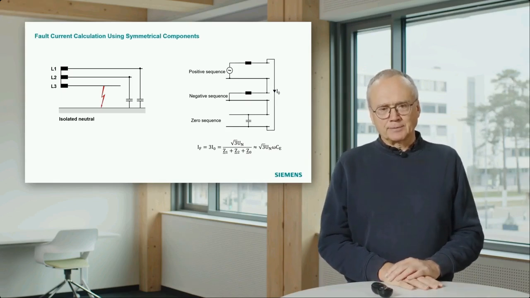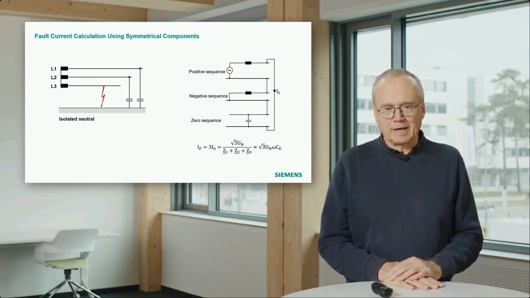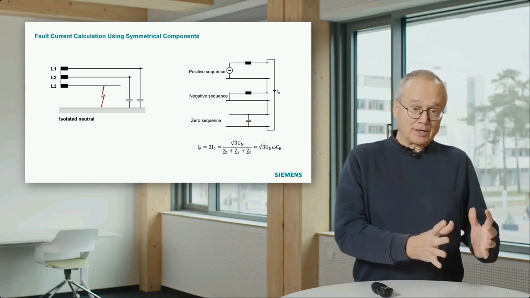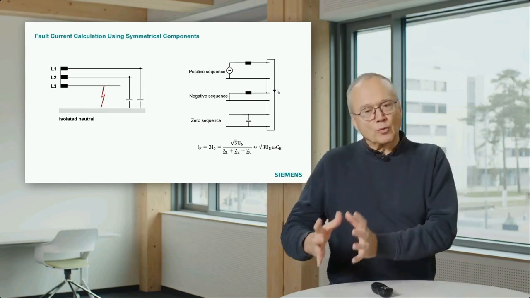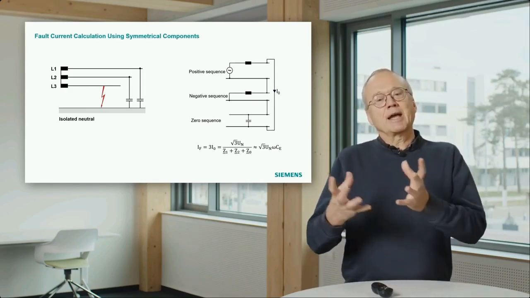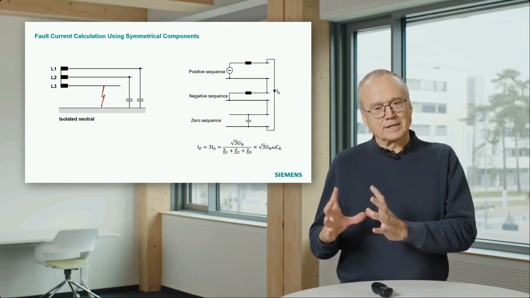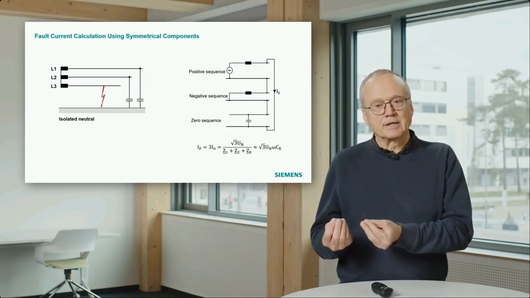For that reason, it's common practice to use the so-called symmetrical components. That means you do a mathematical transformation from this real world into the world of symmetrical components you see on the right side. And there you get an equivalent circuit for that, which can be simply calculated.